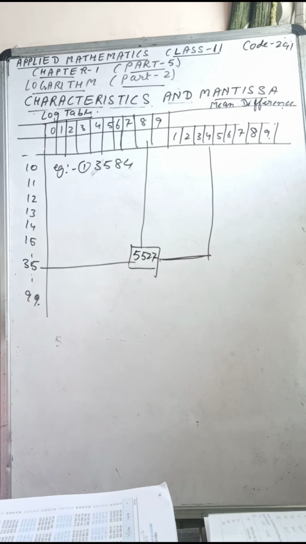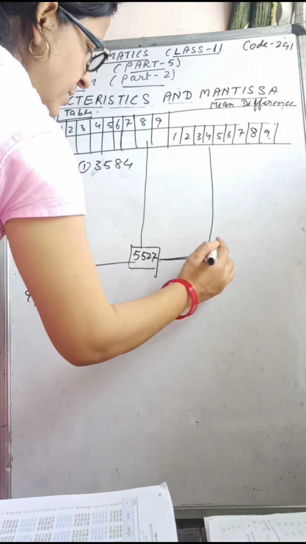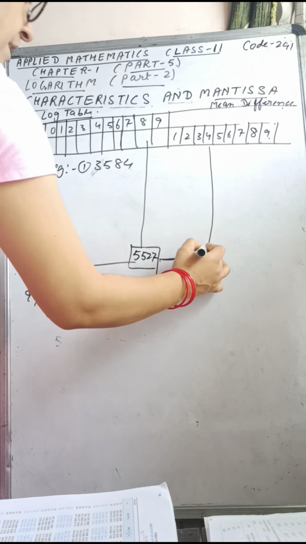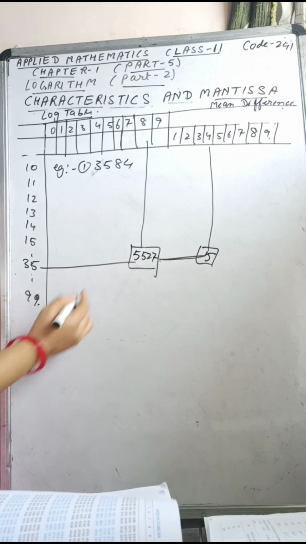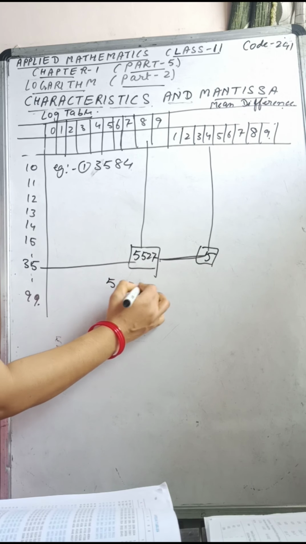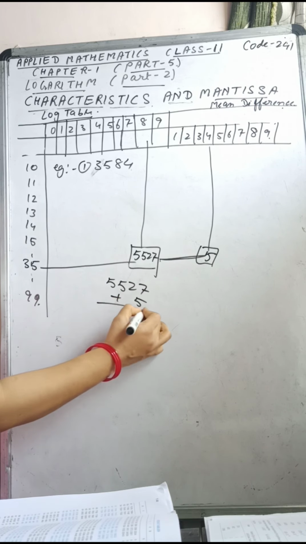Over here, 35, then 8, and then the mean difference under 4 is given as 5. You see the table, you will be able to understand. So the mean difference is 5. We will be adding these two: 5527 plus 5.